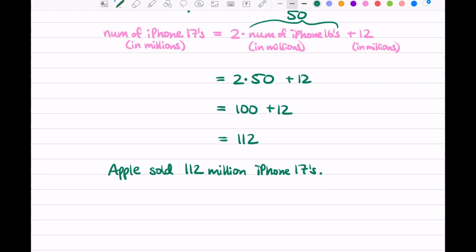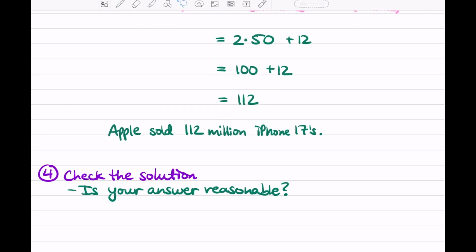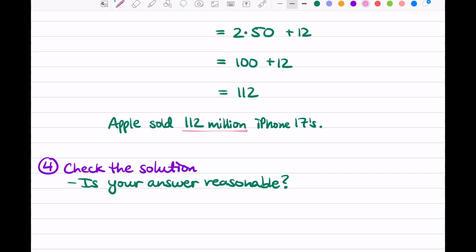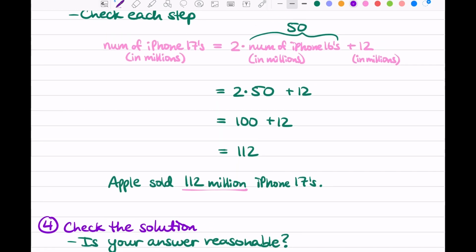Now we need to take a look at step 4 of our method. That is, check the solution. Is your answer reasonable? Our word problem told us that Apple sold more iPhone 17s than iPhone 16s. The number of iPhone 16s sold was 50 million, so our answer checks out there.